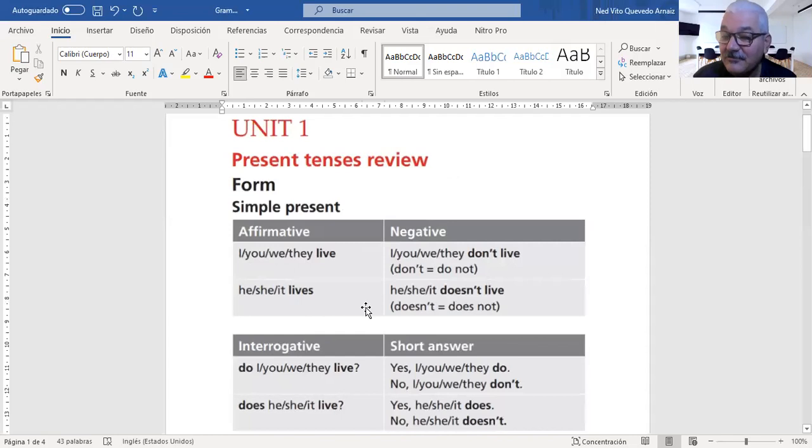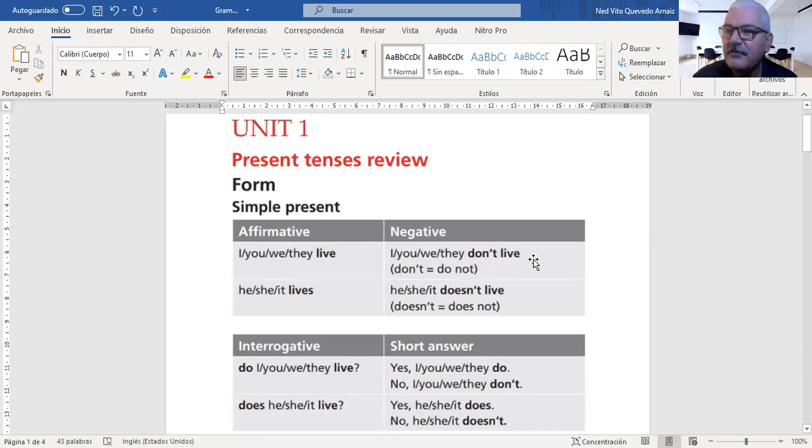If it is a negative sentence, you just add the auxiliary do, or does for the third person singular, and the particle not, which is a negative adverb. Then we say the subject, the particle together with the auxiliary verb, and the main verb. That's it.